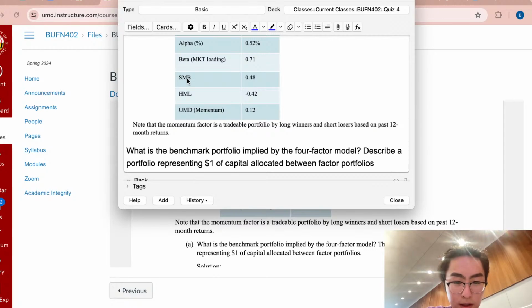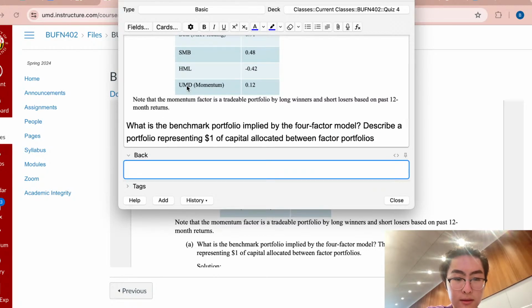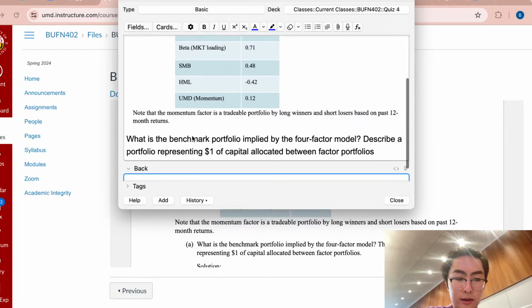So small minus big, you're going long small stocks, shorting big stocks. High minus low, you're shorting low book to market value stocks, and going long high book to market value stocks. Up minus down, you're shorting companies that have had negative returns, and you're going long companies that have had positive returns. So all of them are self-financing.